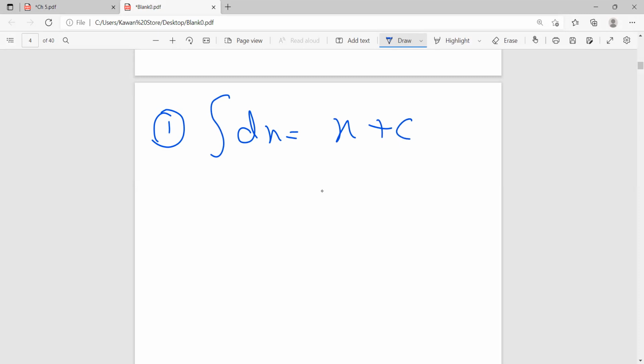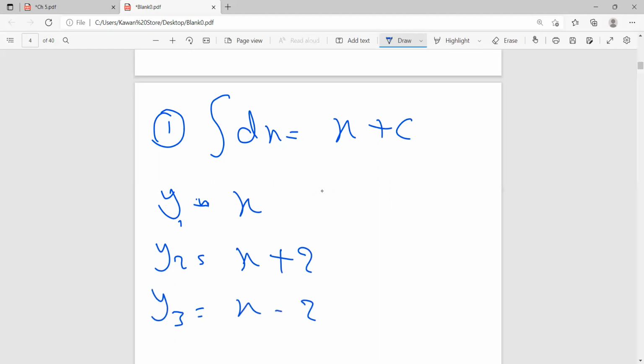Let me tell you about the idea of c. What's the c? Why do we put the c? If I have y equal to, for example, x, another function x plus 2, another function x minus 2, tell me about the derivative.